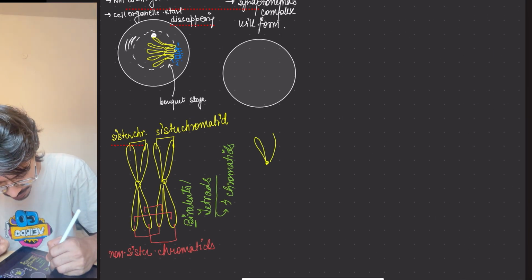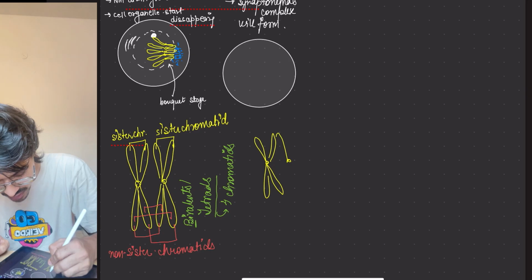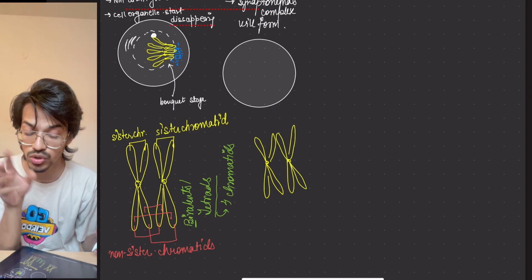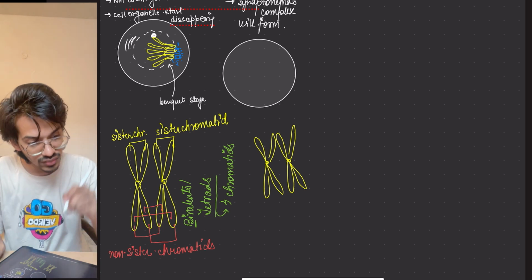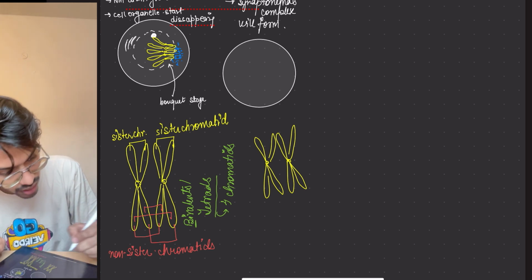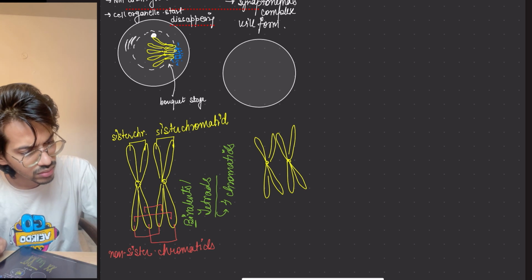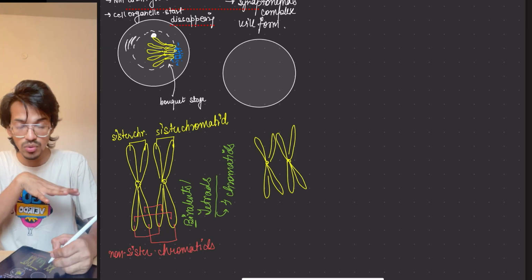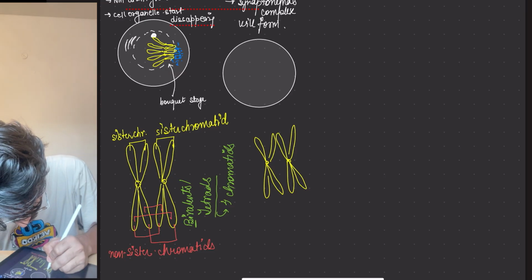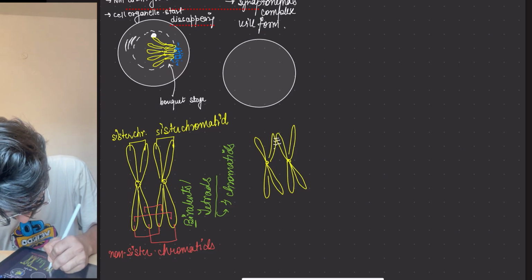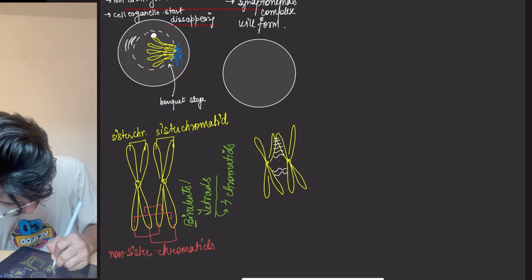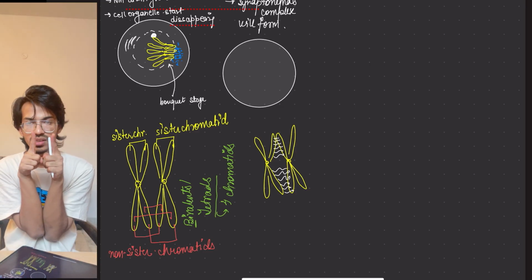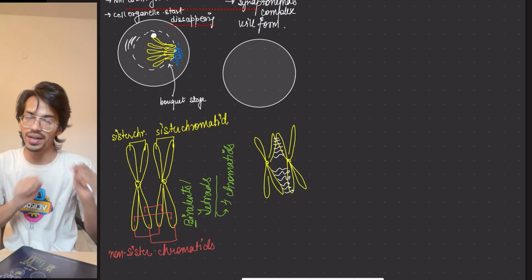The non-sister chromatids of the homologous chromosomes which are closer to each other will start binding together, with the help of certain proteins. The closer ones will start going together and bonding with each other.